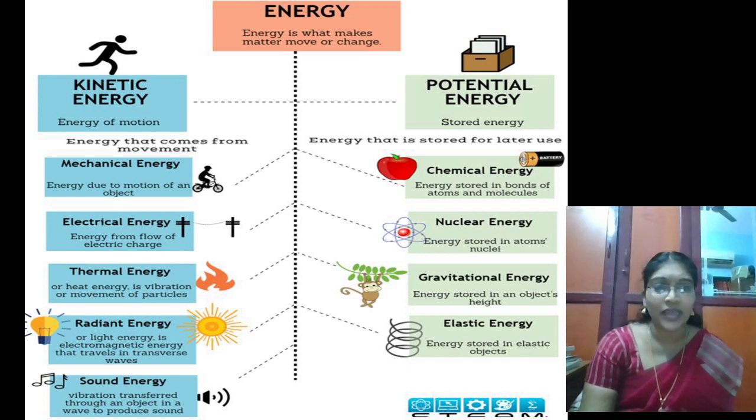So under kinetic energy, the mechanical energy, the electrical energy, the thermal energy, the radiant energy, and sound energy are coming. And under the potential energy, that is the energy stored for later use, the chemical energy, the nuclear energy, gravitational energy and elastic energy are coming.